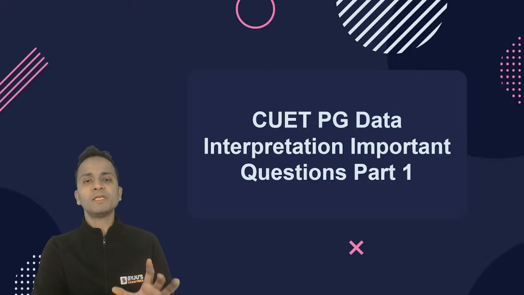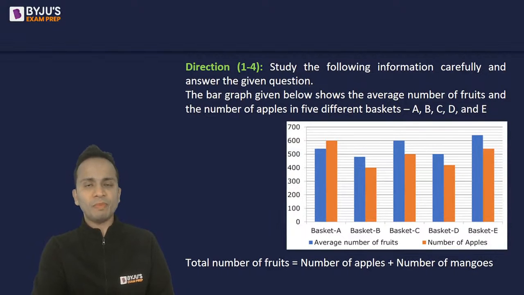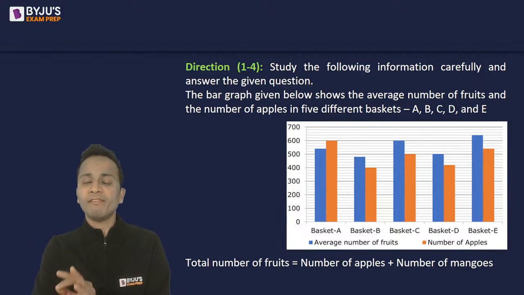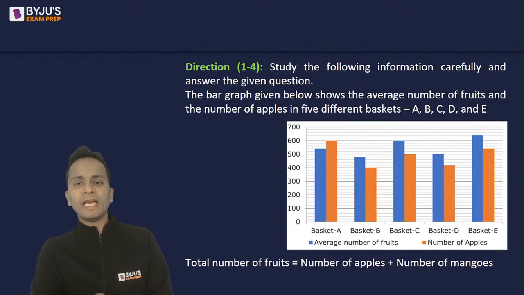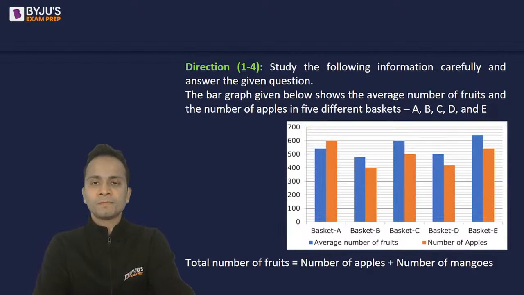So first of all, I'll display the common set of information. Now this is the question of bar graph. Just read this information. No need to start working on this. I'll be showing you the questions one by one, and the graph will also be available on every page. So you don't need to note down anything right now. I'm just stopping on this slide for 1 minute.